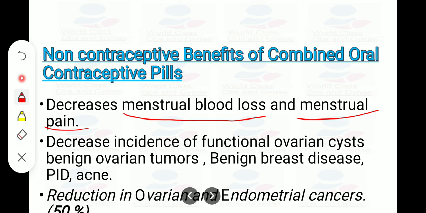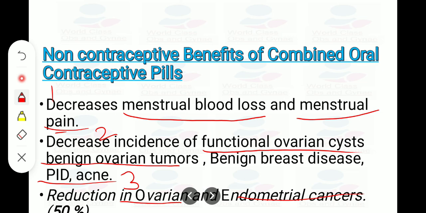Secondly, there is a growing incidence of ovarian cysts and benign tumors among women, but those women who have used combined oral contraceptive pills are found to have decreased risk as compared to those who do not use it. Third, benign breast disease, PID, and acne risk is also reduced, and there is a reduction in ovarian and endometrial cancer of about 50%.